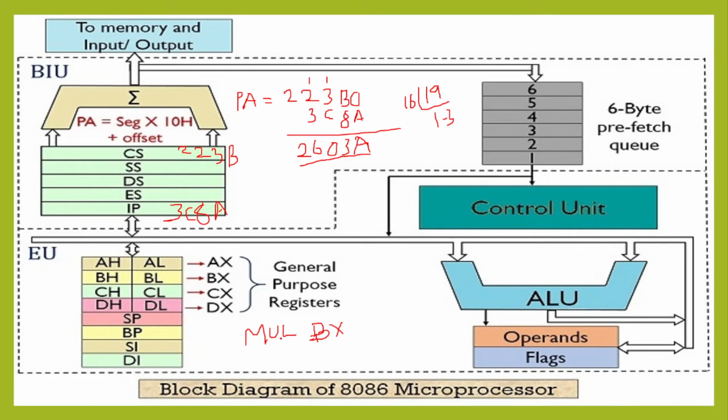That's why the answer will be loaded into two registers. Here, see, we are not writing AX because AX is the default operand when we use multiplication and division. So multiply BX means AX multiplied by BX.